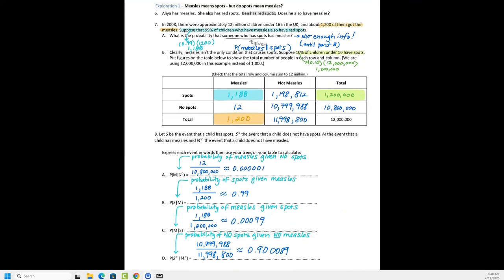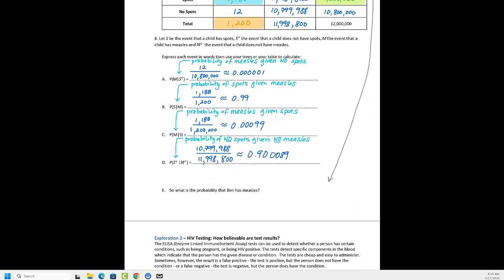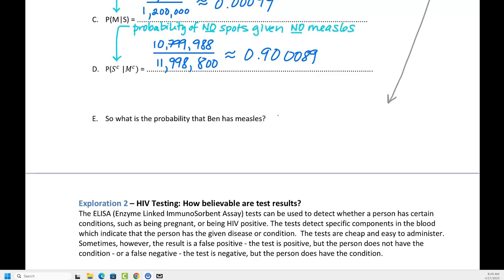So I'm going to take this information all the way down here, and I'm going to say, remember, it's given that Ben has spots.